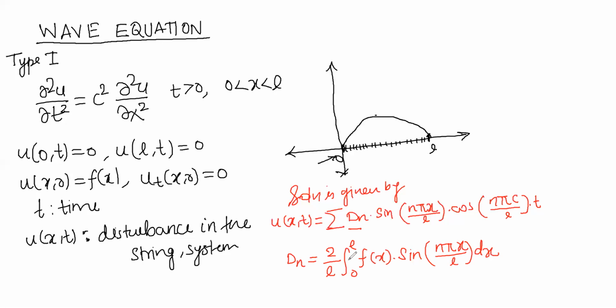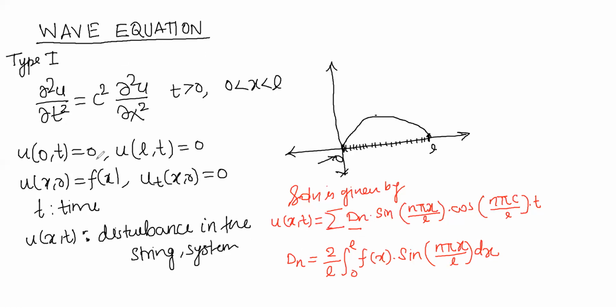So the solution for this type of wave equation is d_n times sine n pi x upon L into cos n pi c t upon L, where d_n is 2 upon L integral 0 to L f of x sine n pi x upon L dx. This is for type 1.